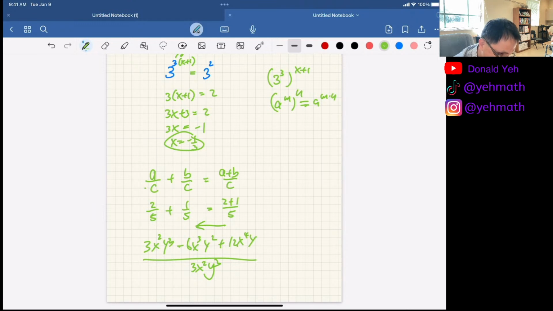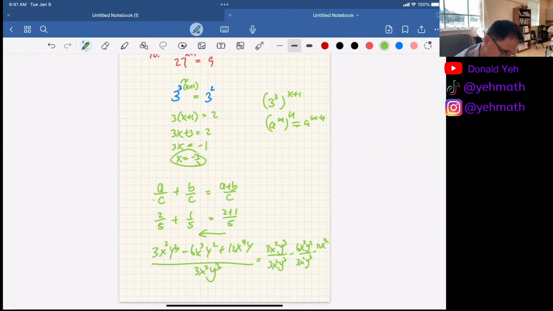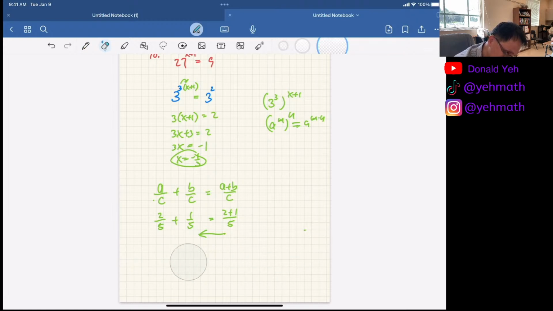So guess what? You can write it in 3 separate terms. So 3x squared y to the 3rd over 3x squared y to the 3rd, minus 6x to the 3rd y squared over 3x squared y to the 3rd, minus 12x to the 4th y to the... I ran out of space. Anyway, let me write it a little bit to the left.